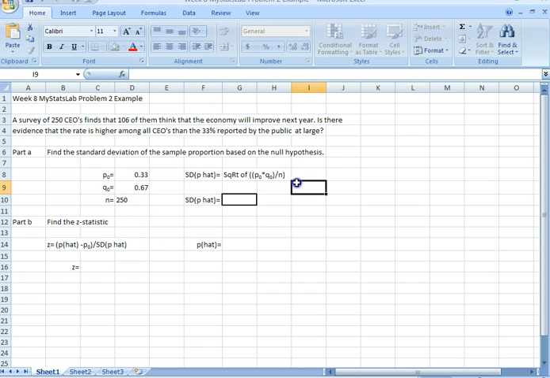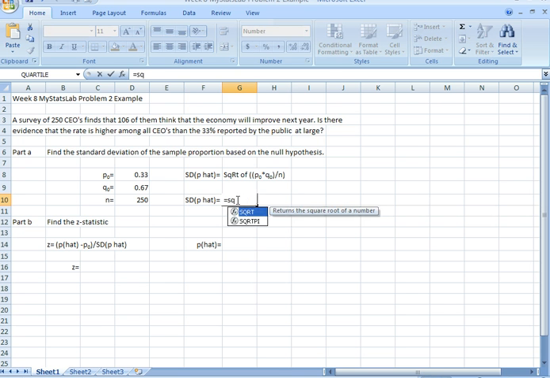Now, as our formula shows us here, to find the standard deviation, we need the square root of P0 times Q0 divided by N. So in our box here, we can start our formula: equals, start typing square root. There it is.